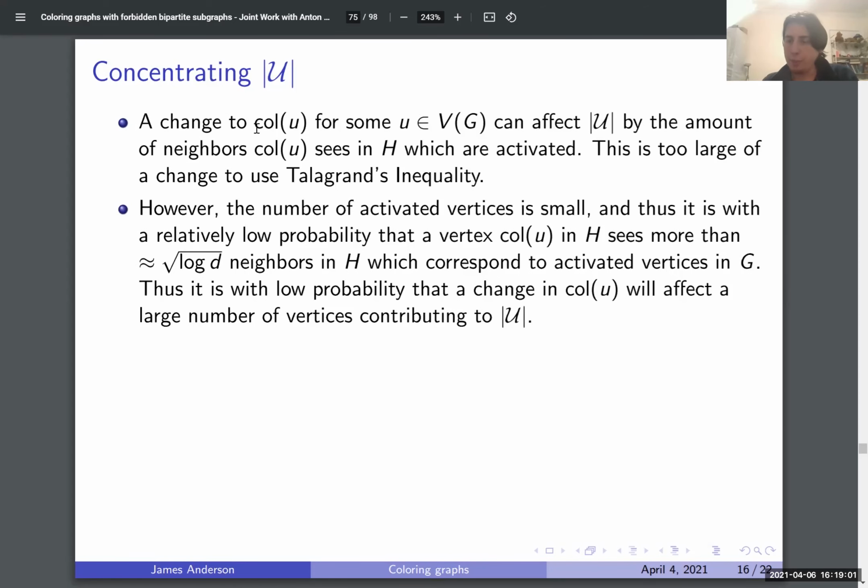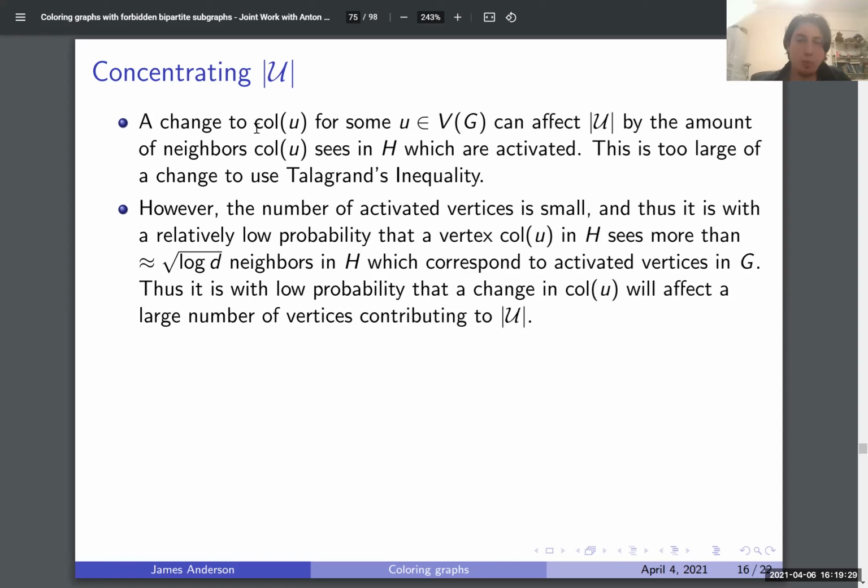However, remember that at the beginning of our wasteful coloring procedure, we activated a number of vertices, and the proportion of vertices that get activated is actually really small. And so it's with relatively low probability that a vertex color of U in H is going to see more than approximately the square root of log D neighbors which correspond to activated vertices.